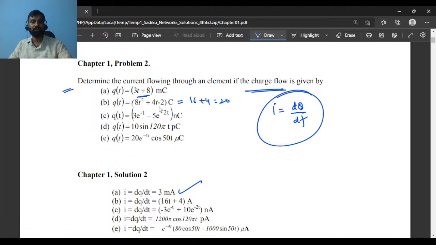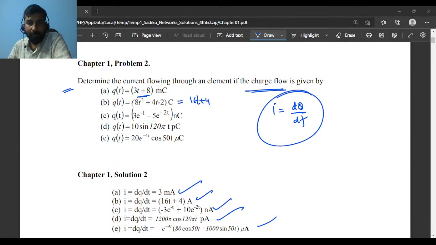It will be 16t plus something. Don't make a mistake because there is a t square, so your current will also be a function of time. In this manner you have to differentiate in order to find the current. I hope this makes sense.